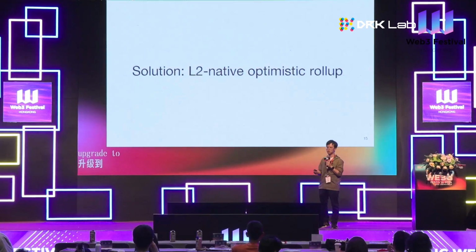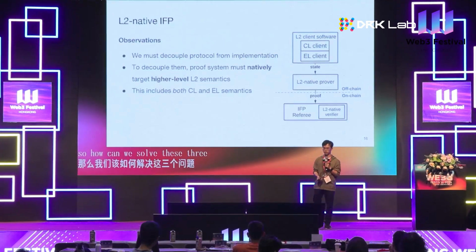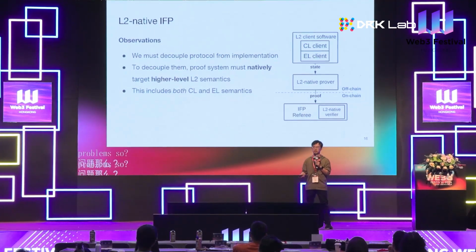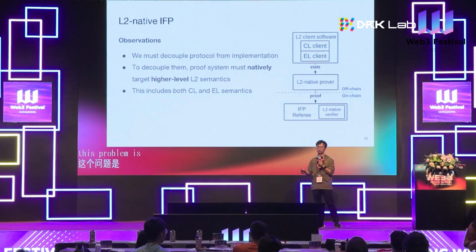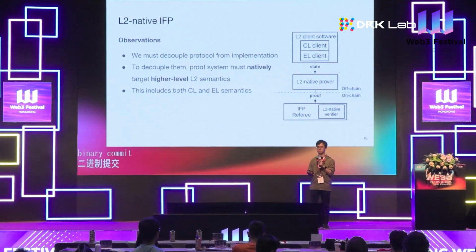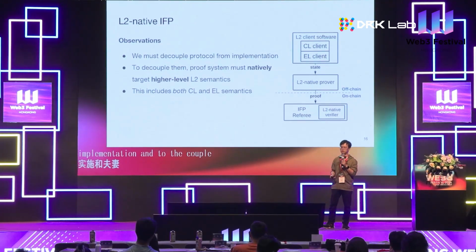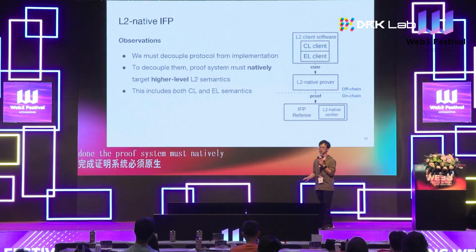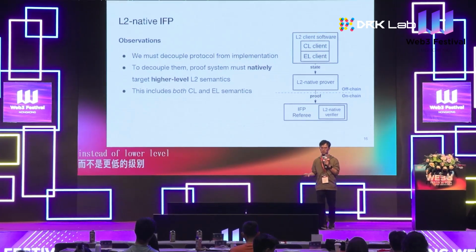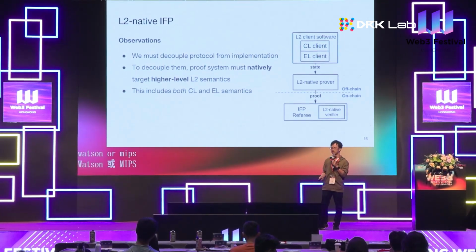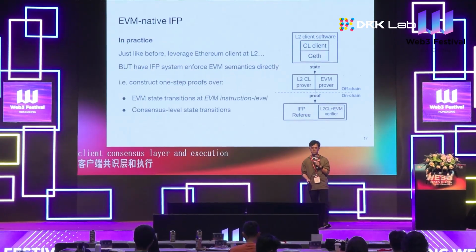So how can we solve these three problems? The observation is that the key to this problem is the strongly coupled binary commitment. So we must decouple the protocol from the implementation. And to decouple them, the proof system must natively target high-level L2 semantics instead of lower-level VMs like WASM or MIPS, including both consensus layer and execution layer client semantics.